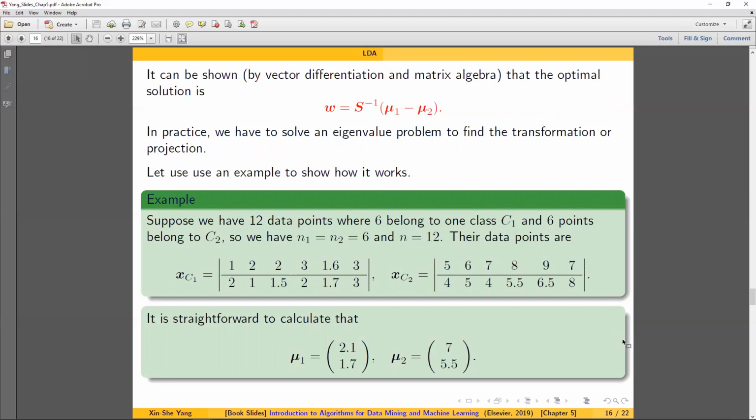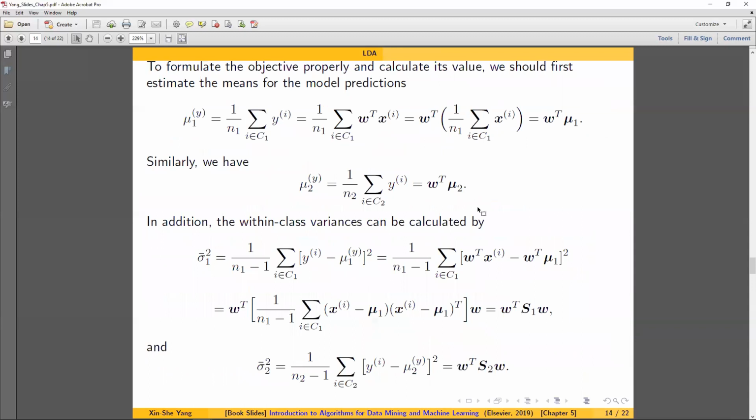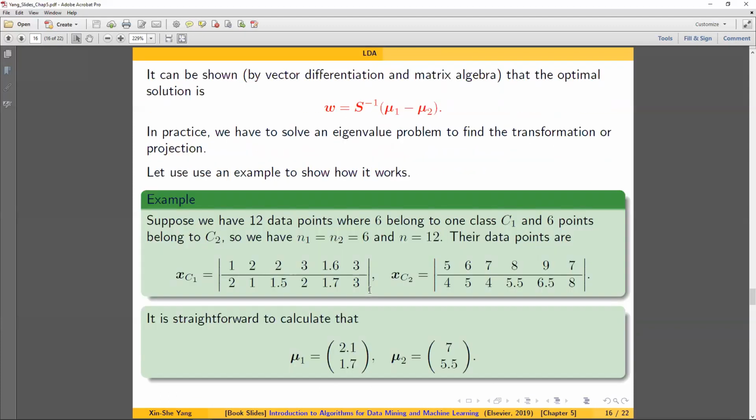So that's the weight. Once you have that weight, we're able to calculate a lot of stuff, the predicted mean and all of this.